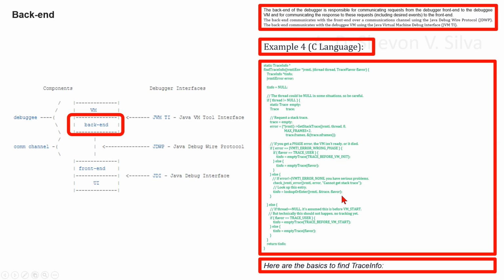This pointer to a trace info struct will then be used as the tag on this object. All objects allocated from the same stack trace will have the same tag.